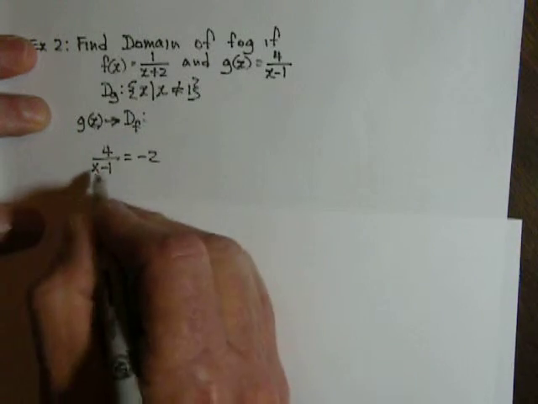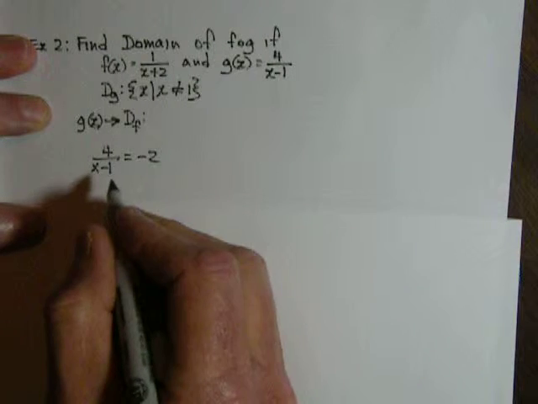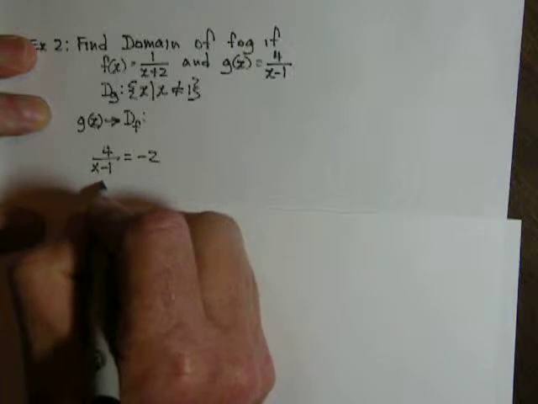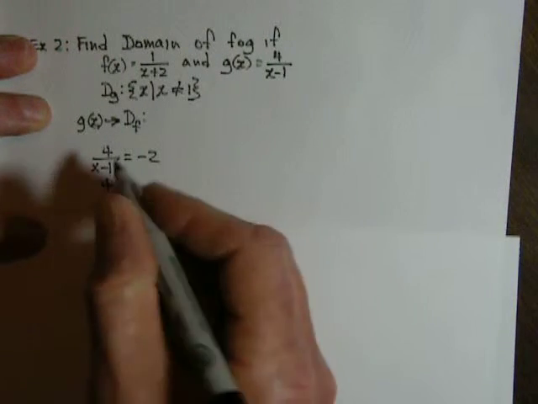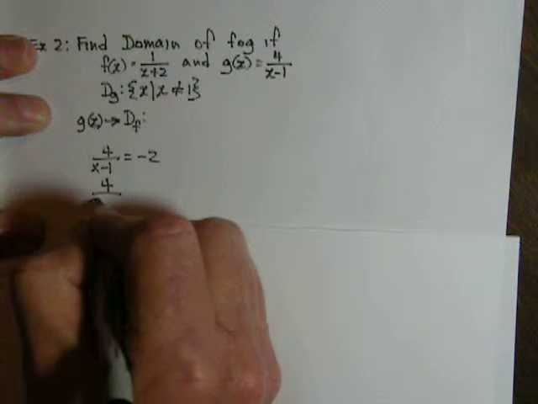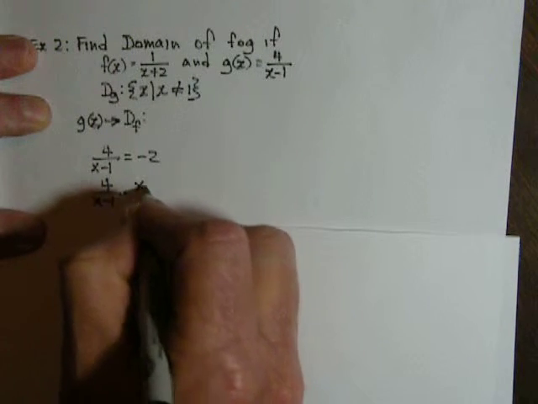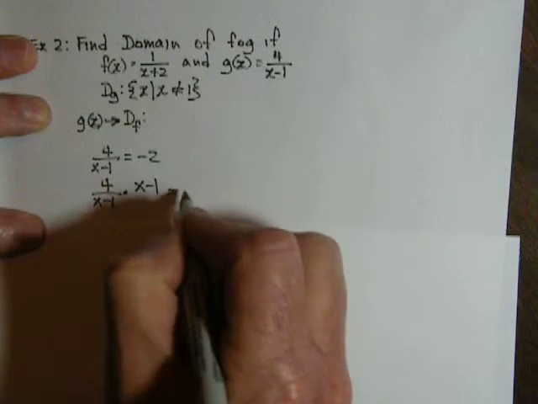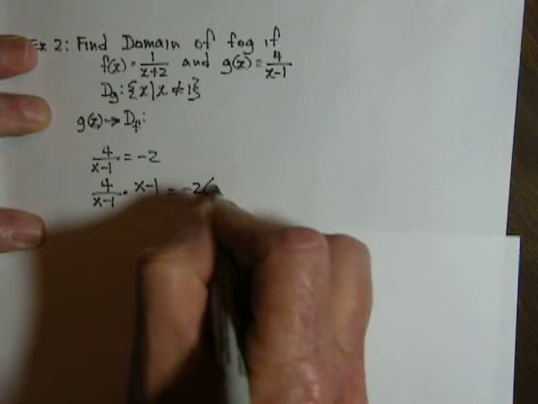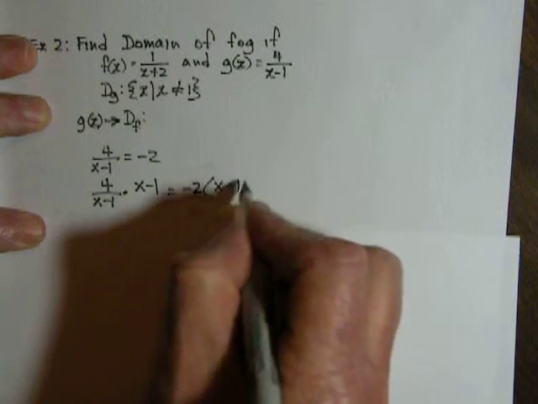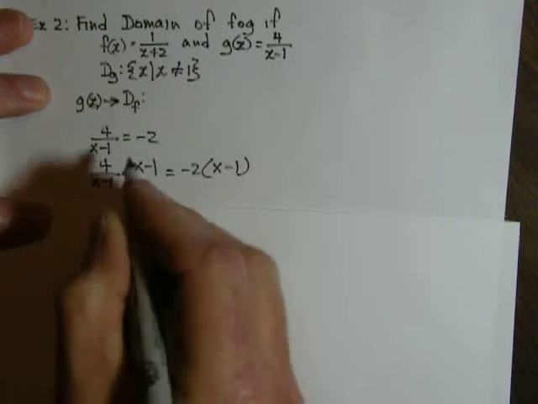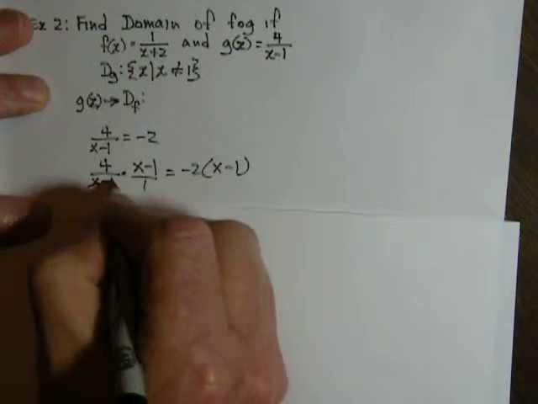In order to solve this, I'll multiply both sides by x minus 1. So I get 4. And of course, in this case, they cancel out.